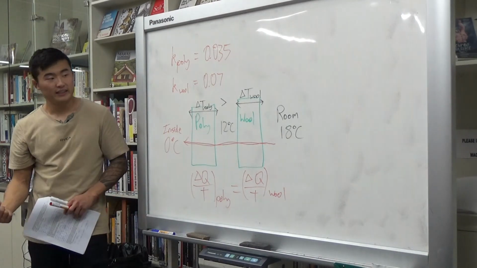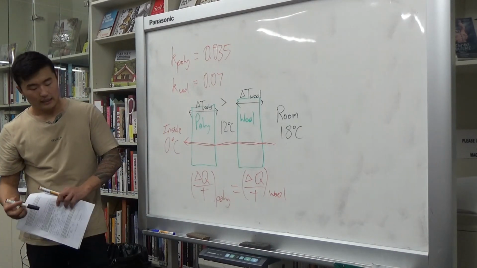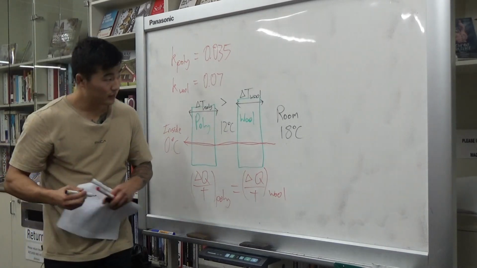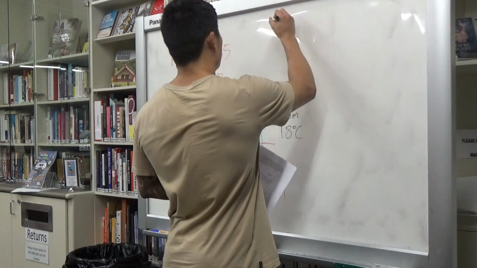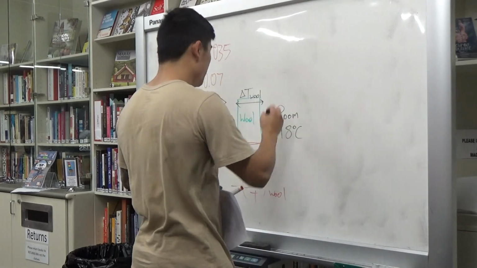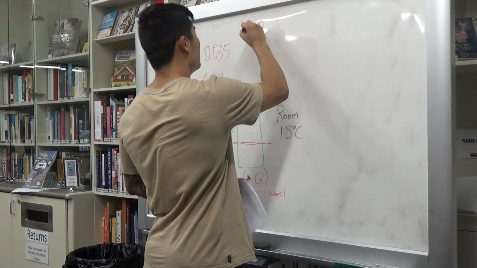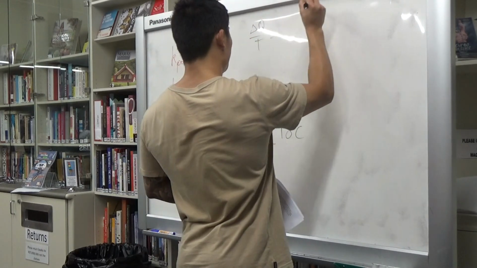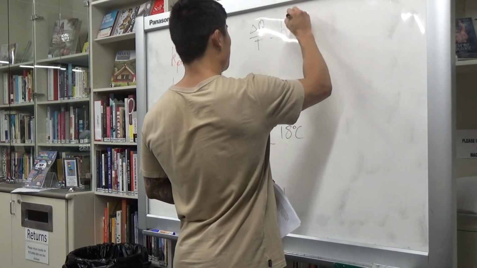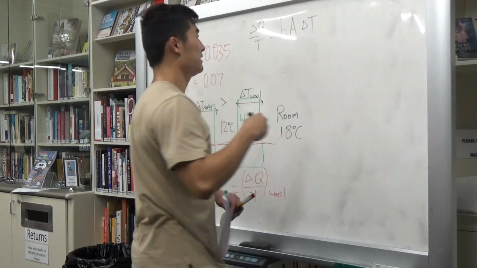Okay, so do you get that? So delta Q over T is equal to H times A times delta T, right?